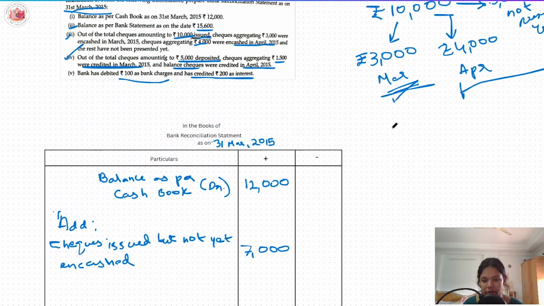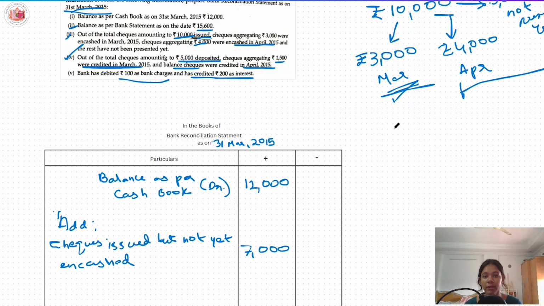See, whenever you're given any transaction, first you analyze: is my cash book more or is my passbook more? Now in this bank charges case, 100 rupees has been deducted from my passbook. So if I want to equalize the two, what should I do? I should deduct 100 rupees from my cash book as well.